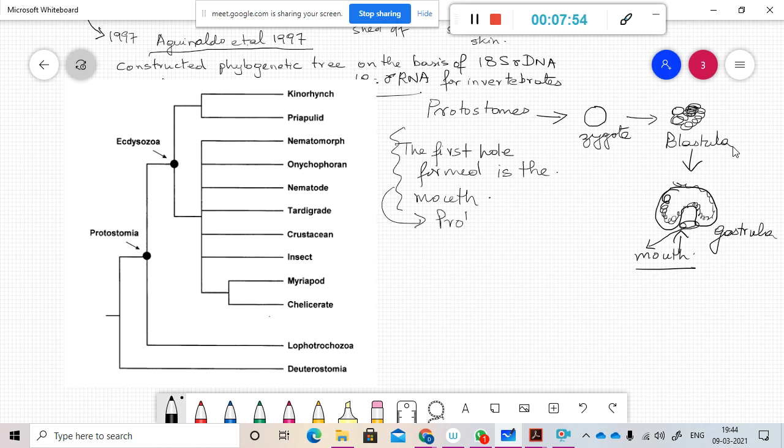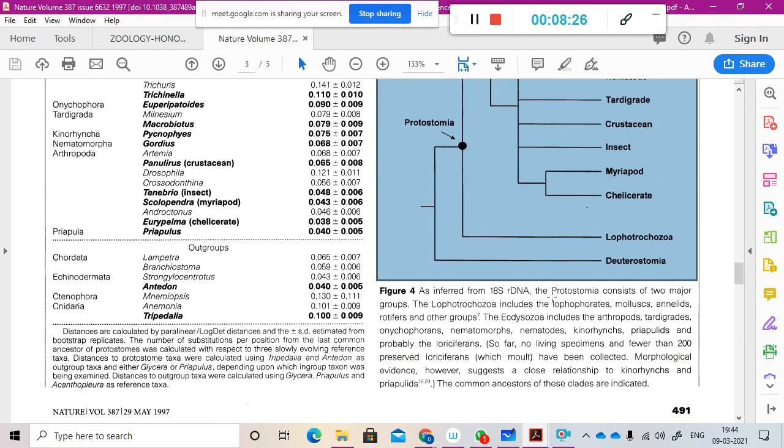Therefore the term proto means first, plus stome, mouth. First mouth, or protostome. So the first hole which is formed is the mouth. So on the basis of this, as you can see, protostomia consists of two major groups, the Lophotrochozoa and the Ecdysozoa.